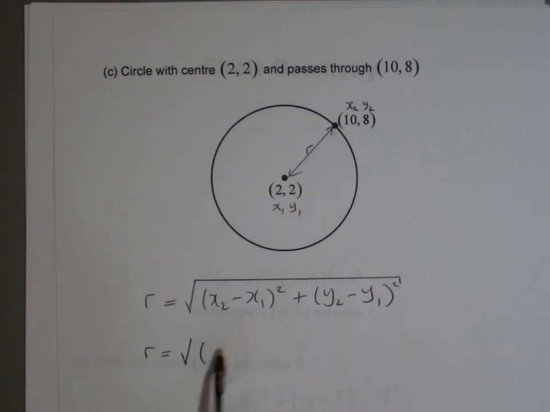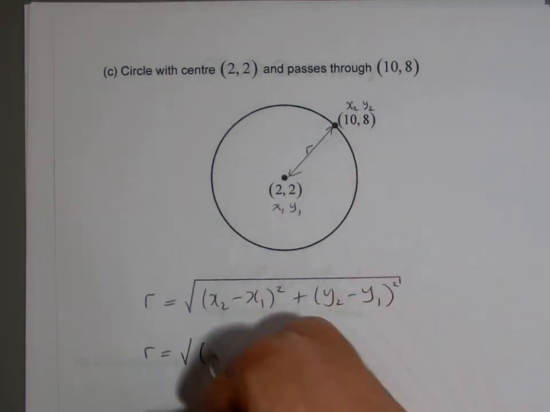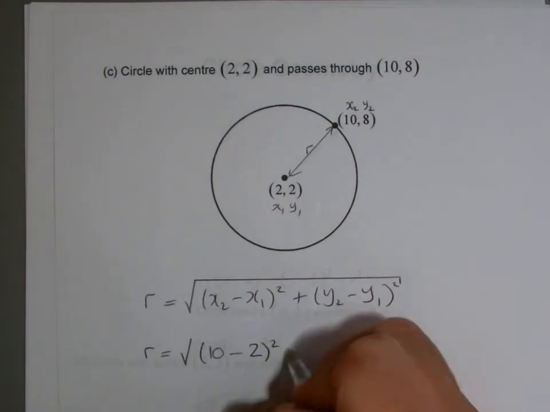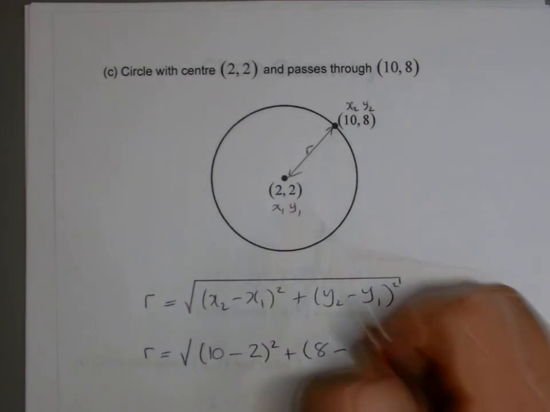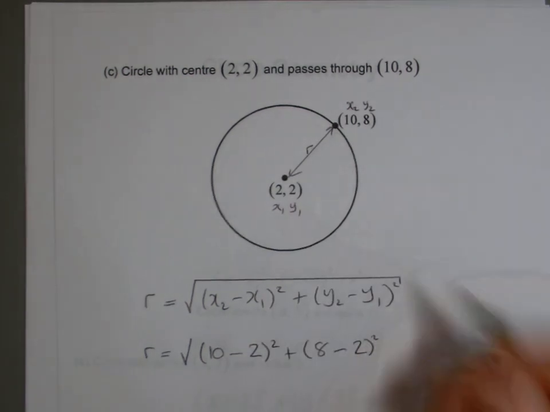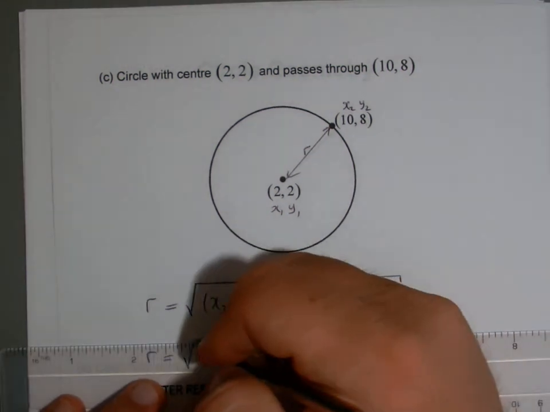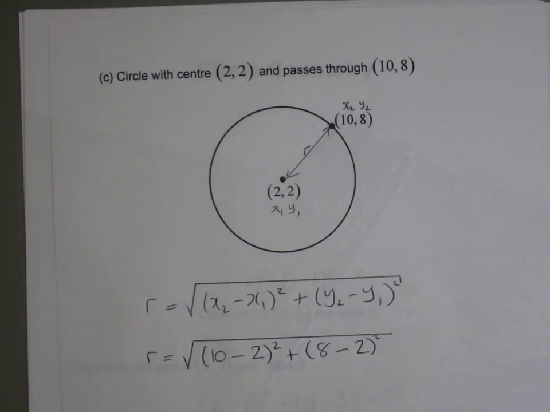So in the square root, you've got x2, which is 10, take away x1, which is 2, all squared, plus y2, which is 8, take away y1, which is 2, all squared. You can work that out in your calculator, but it just so happens that it comes out to be perfectly 10.